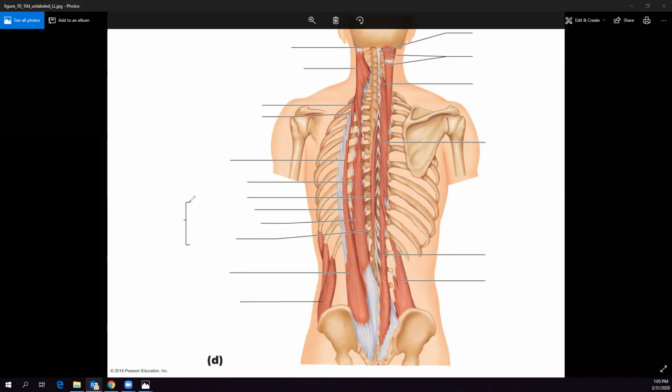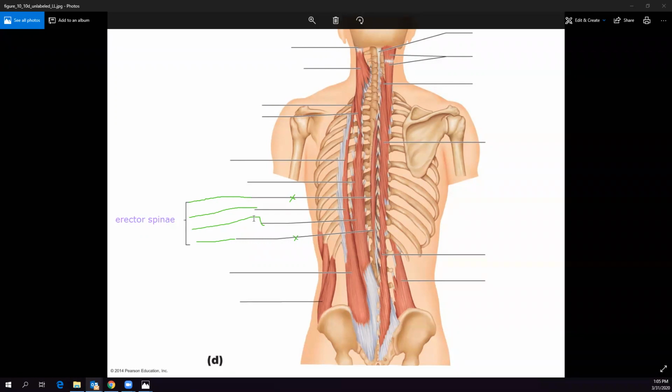The bracket goes to this part, this part, and this part, because this one here and this one here are pointing to the same muscle. I don't know why they put 4, because there's really not 4. There are only 3 muscles of this group, and these are your postural muscles, the ones that keep you upright, called the erector spinae group. So these are your erector spinae, these 4.